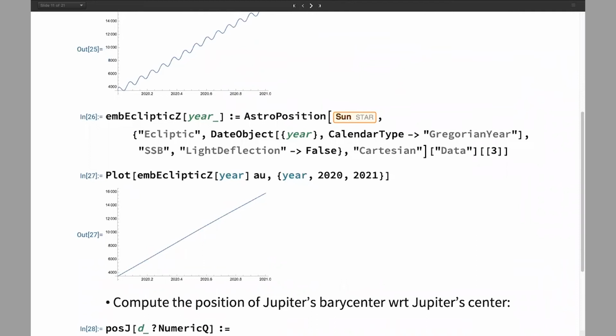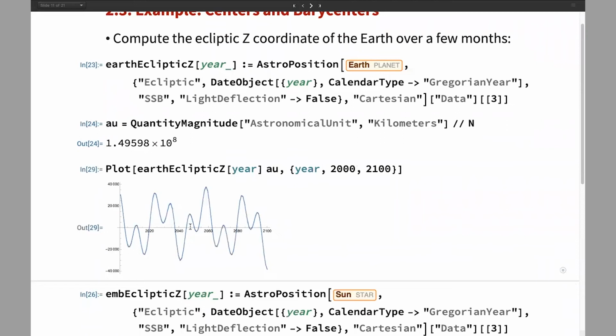We were looking only at a little bit of this. What we see here now is the effect of the pull from the big planets, like Jupiter, something every 14 years, etc. So this is actually what the C component of the Earth with respect to the ecliptic plane is doing, in kilometers.